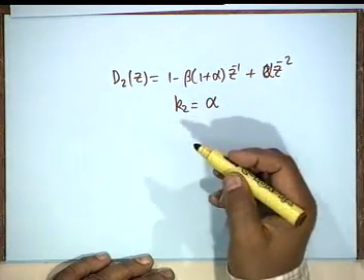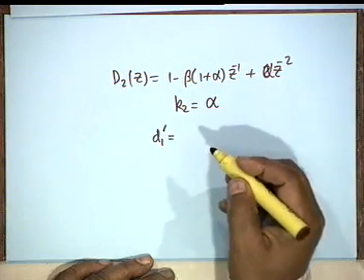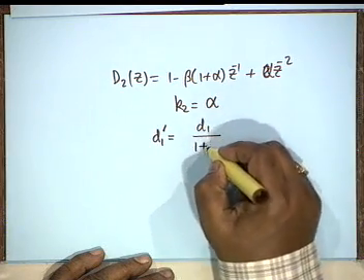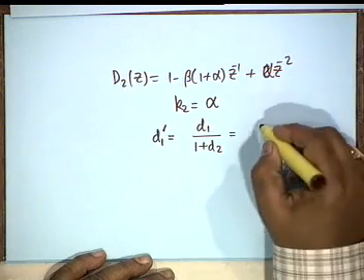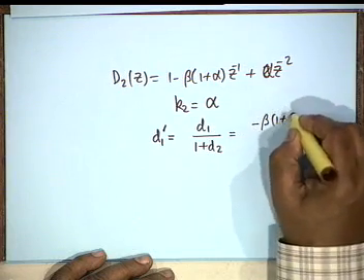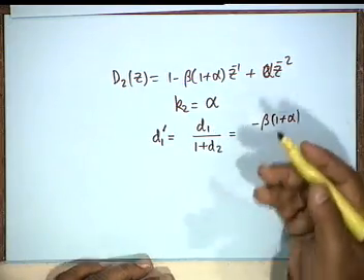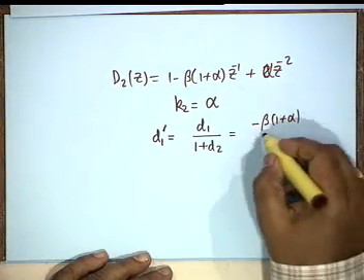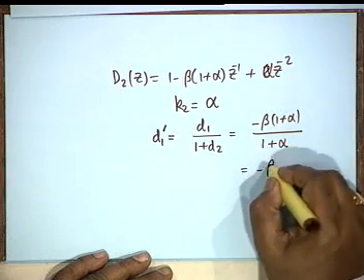And for finding K1 you have to find D1 prime, and if you recall, D1 prime would be D1 divided by 1 plus D2. So, D1 is minus beta (1 plus alpha). You recall why this formula? Yes, it is a simplified form. From second order to first order you can always use this simplified form. Minus beta (1 plus alpha) divided by 1 plus alpha, that is equal to minus beta.